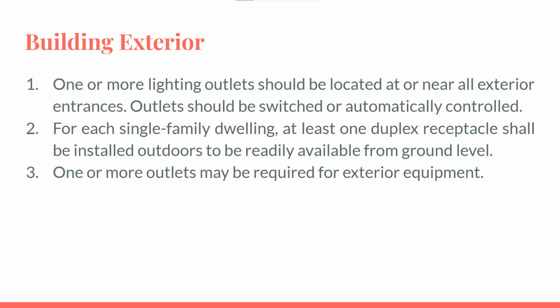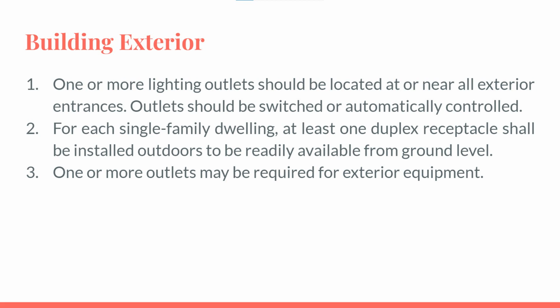Building exterior. First, one or more lighting outlets should be located at or near all exterior entrances. Outlets should be switched or automatically controlled. Second, for each single-family dwelling, at least one duplex receptacle shall be installed outdoors to be readily available from ground level.